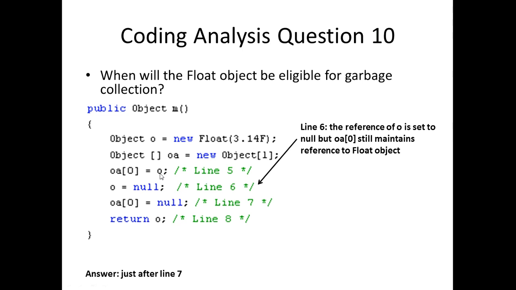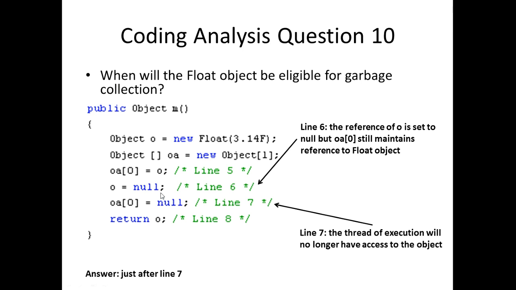So currently at this line, O is assigned to 3.14, but we're placing the value of that inside of this array right here. And as I said before, the reference to O is set to null, but OA at position 0 still maintains the reference of that float object.